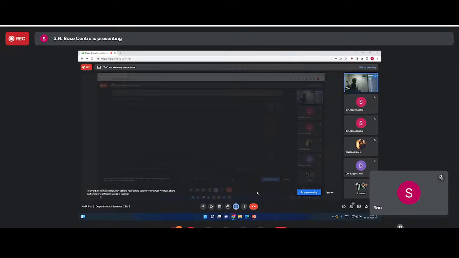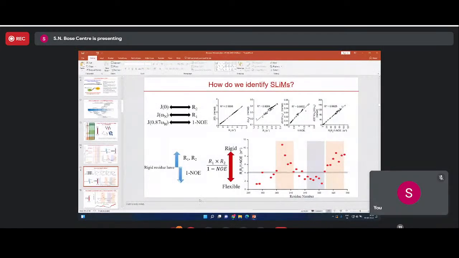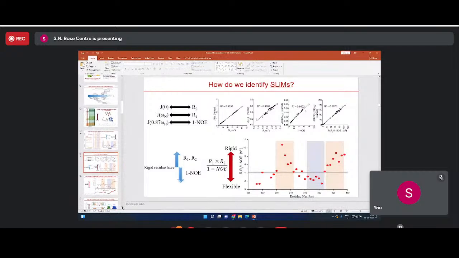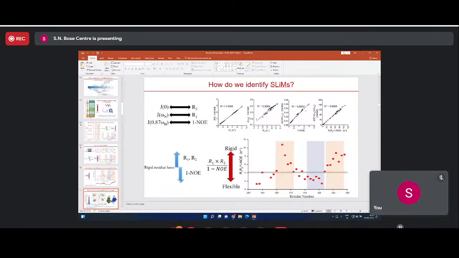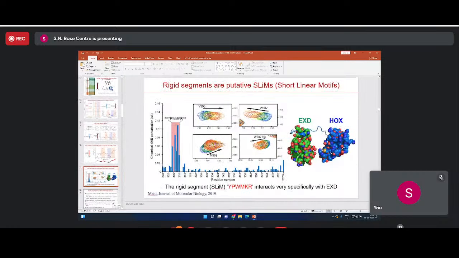Yes. You said that in the titration, I don't know about the details of the experiment, but the FOX protein is titrated with its partner protein, right, without DNA. And you have identified some rigid regions which are actually interacting with its partner.